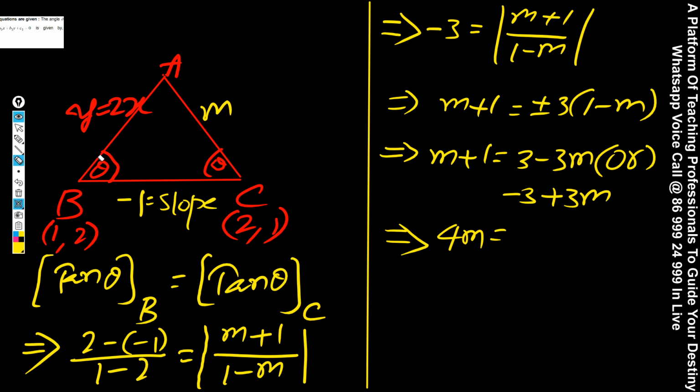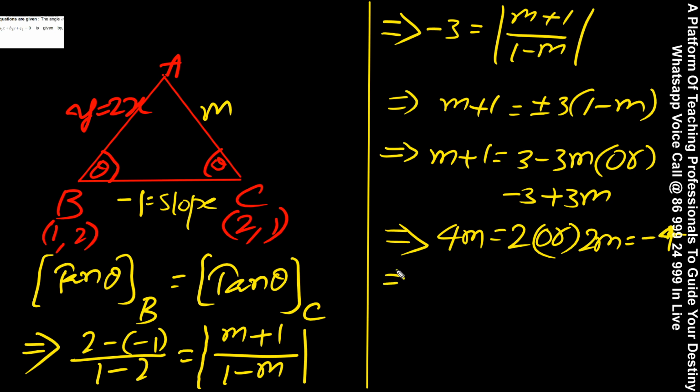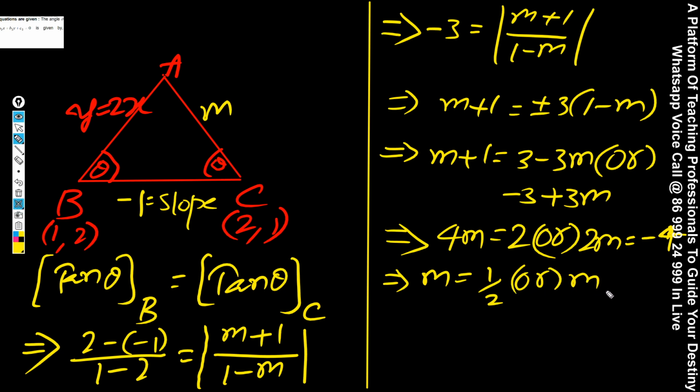Or the other one: this is 2M is equal to minus 4. Implies M value you got now. M is nothing but 1 by 2, or M is equal to minus 2.